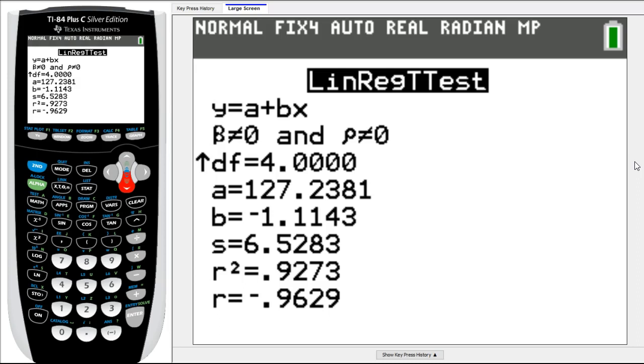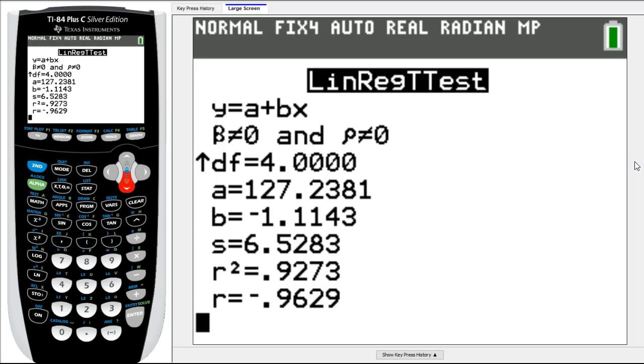So when x decreases, y tends to increase. As x increases, y tends to decrease. And also with a positive relationship, when x increases, y increases, and when x decreases, y decreases as well. They do the same thing in a positive correlation. When it is a negative correlation, they do the opposite of one another.